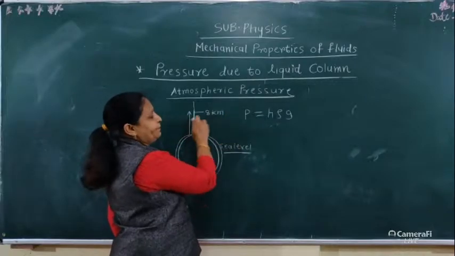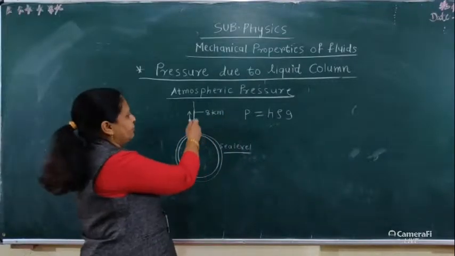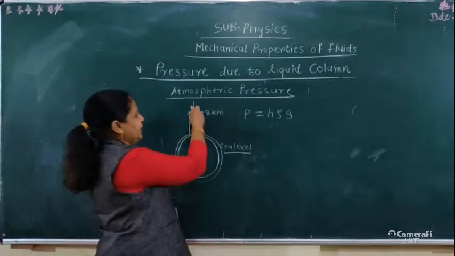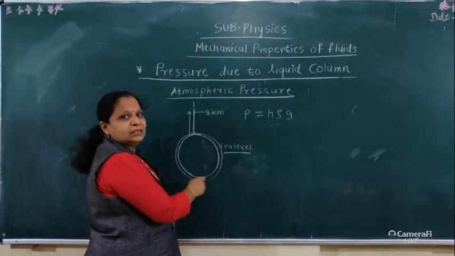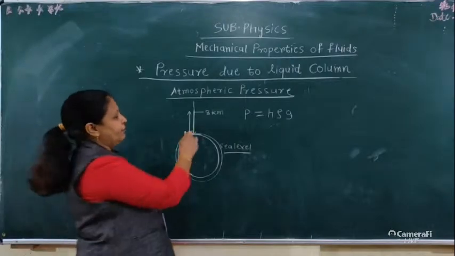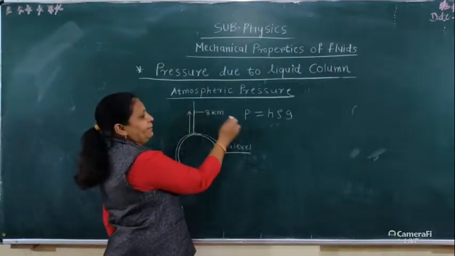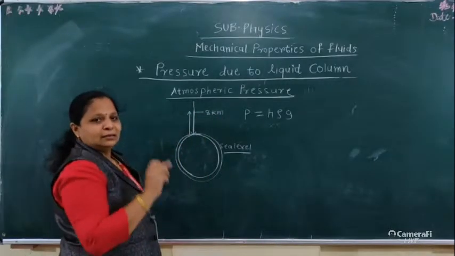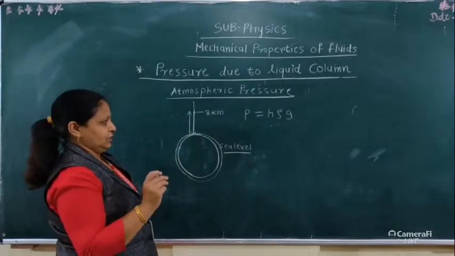Atmospheric pressure means the pressure exerted by the atmosphere in the downward direction on the surface of the earth. And when height increases, then pressure decreases. Beyond 8 kilometers, the density of air decreases.